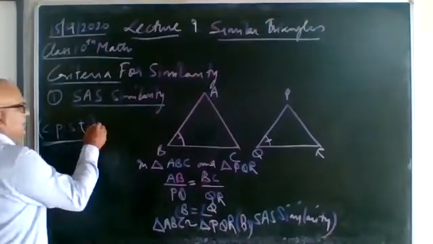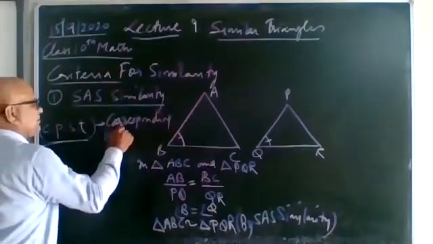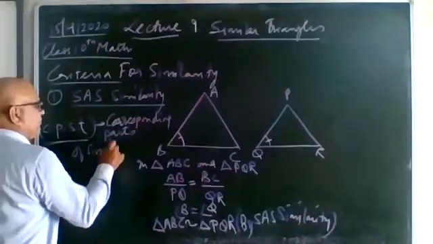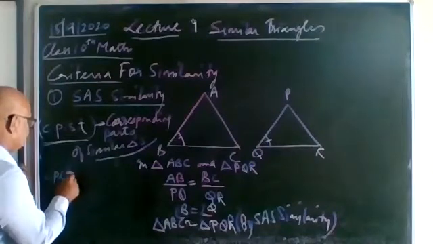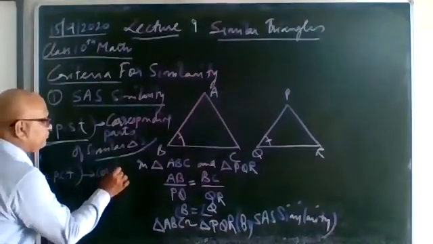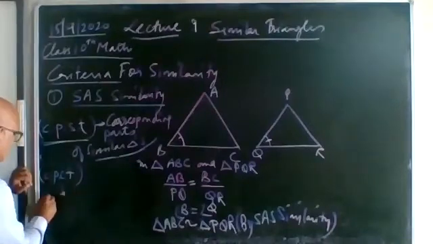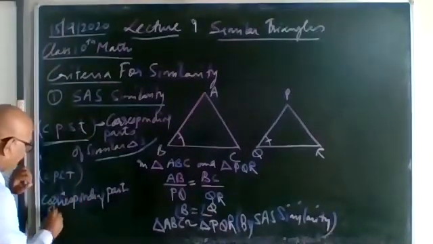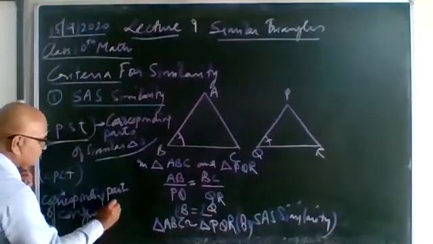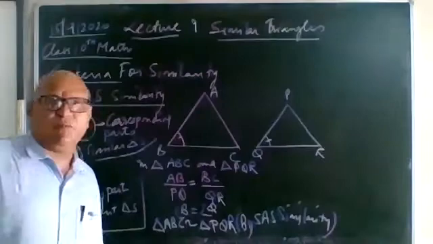Here, CPST is corresponding parts of similar triangles, and CPCT is corresponding parts of congruent triangles. So CPST and CPCT you must know.